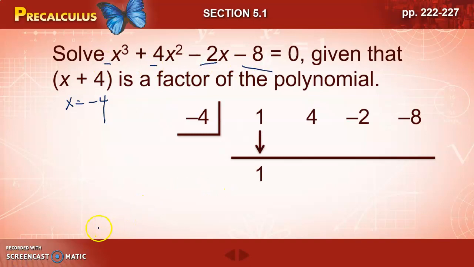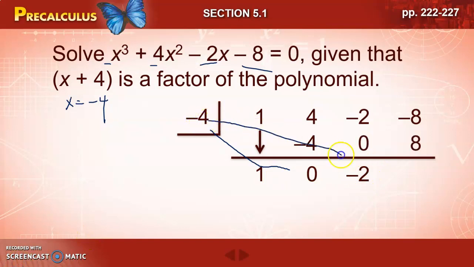Bring down, multiply, bring down, so add 4 minus 4 is 0, and multiply -4 times 0, which is 0. Then we add -2 and 0, -2. And then we multiply -4 and -2 is +8, and -8 plus 8 is 0.